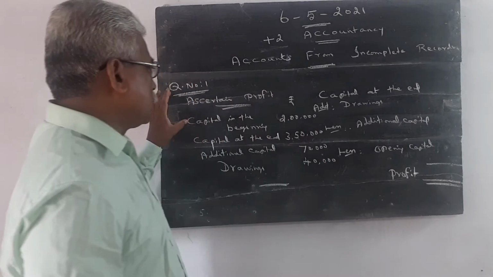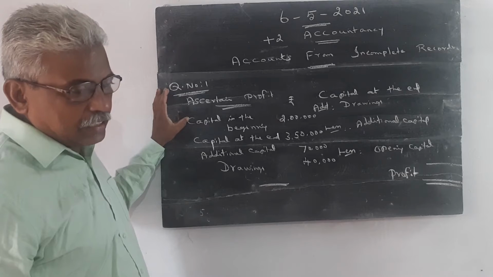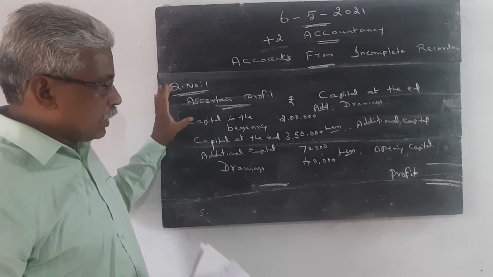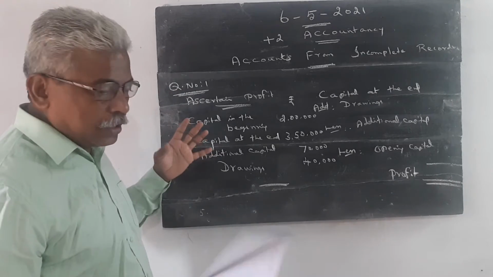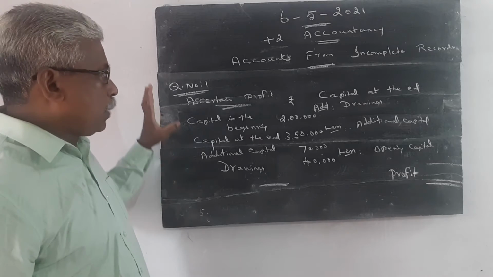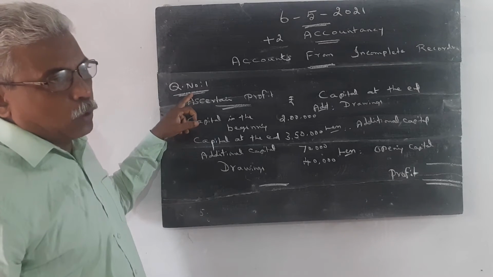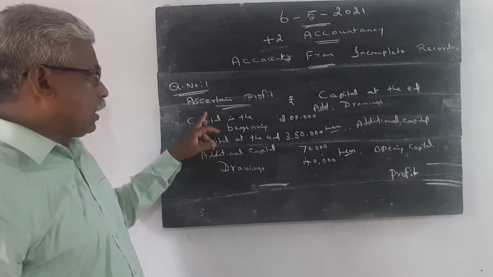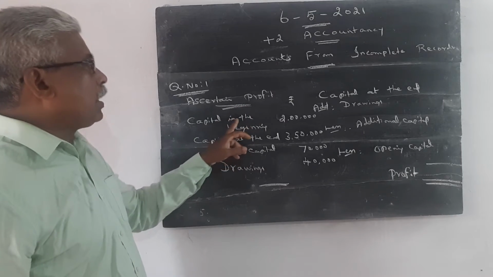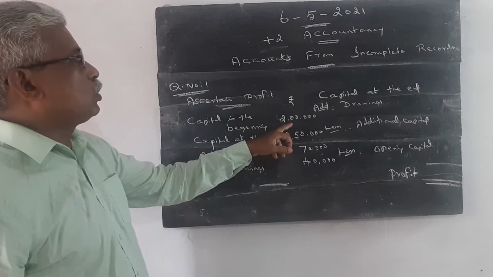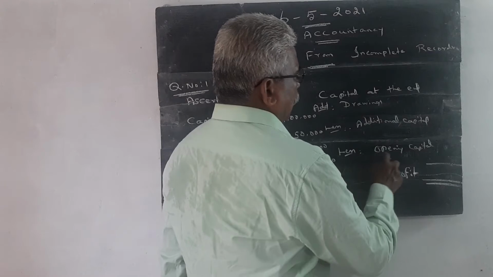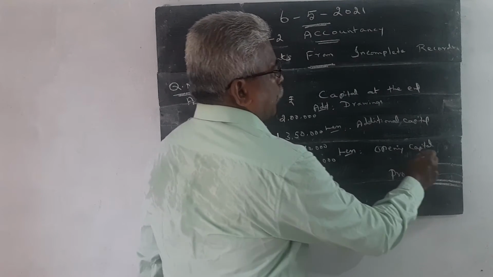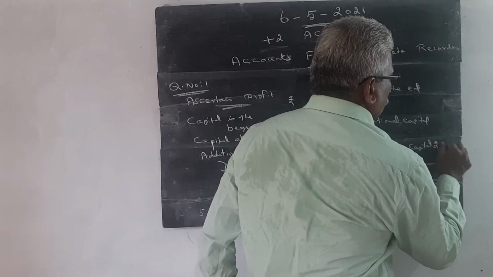This question is given in our textbook as an illustration, and the answer is also given in the textbook itself. So please refer to illustration number 1 and study this question. Ascertain profit. Capital in the beginning is 2 lakhs rupees; it is otherwise called opening capital.